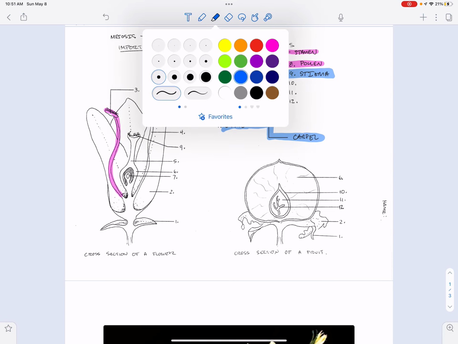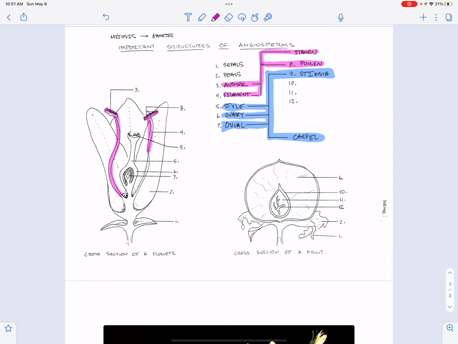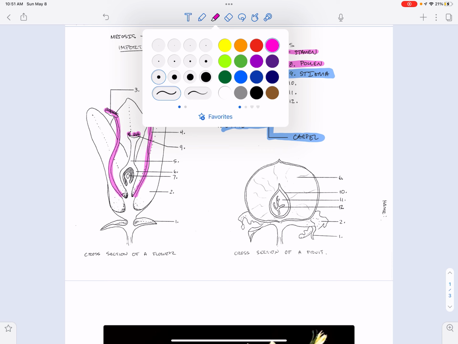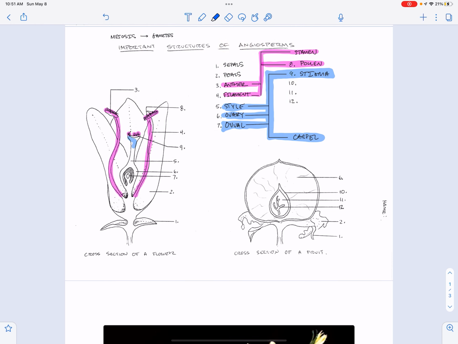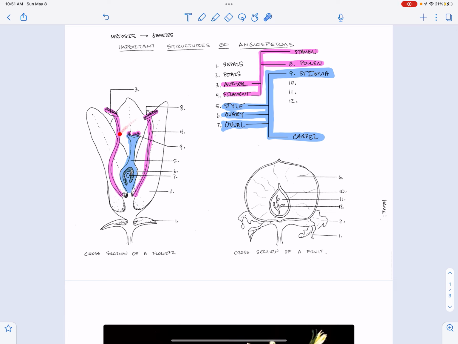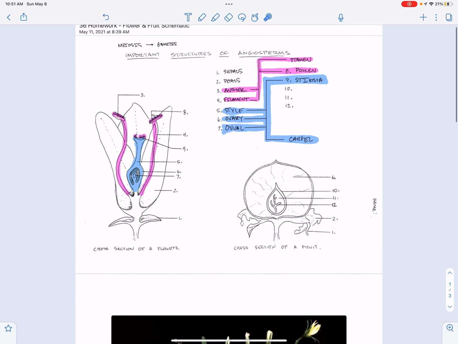And, where did the pink go here? So here's some pollen grains up here. And here is the female part of the flower. Okay. So the whole point of a flower is to attract a pollinator so you can fertilize your ovules and create a seed, which is going to be a unique combination of genes.